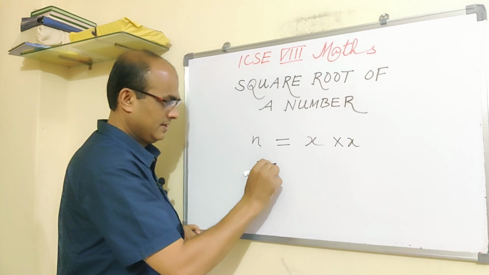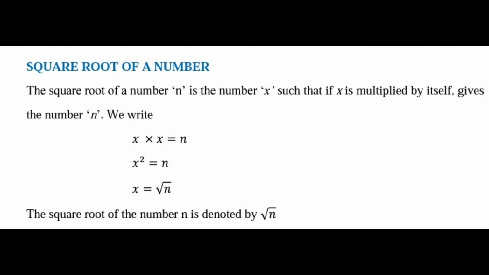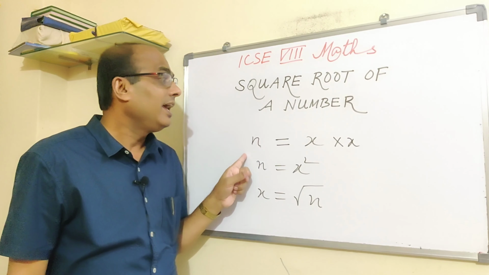So square root of a number. What did I say in the beginning? The square root of a number n is the number x such that if x is multiplied by itself gives the number n. x into x is equal to n.